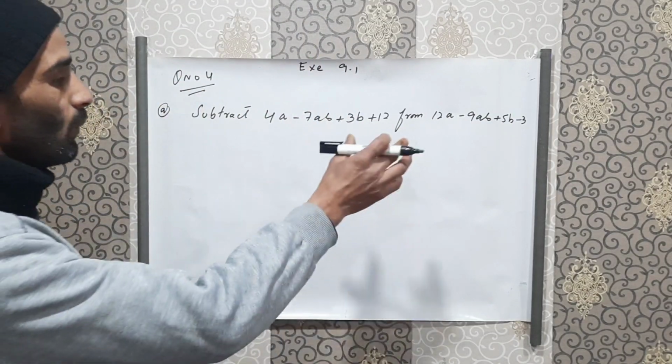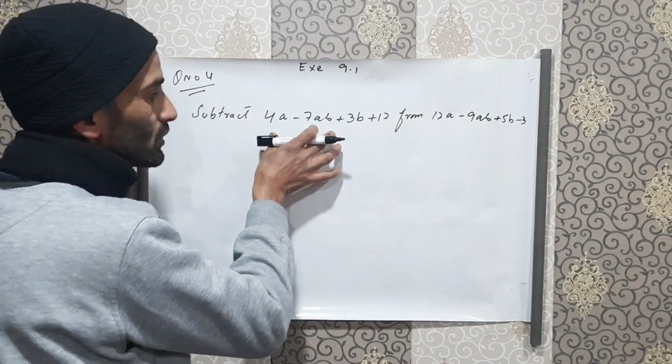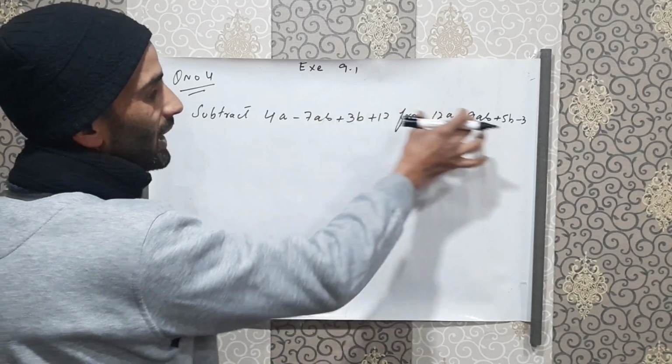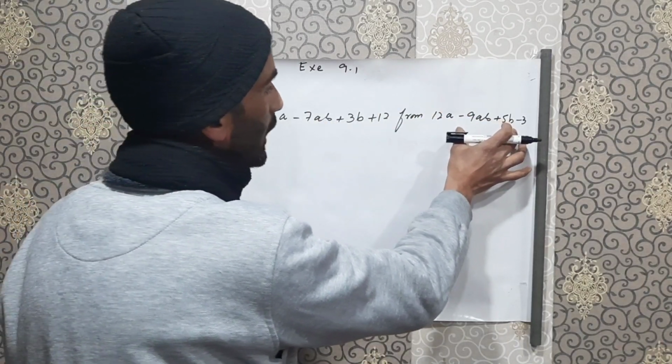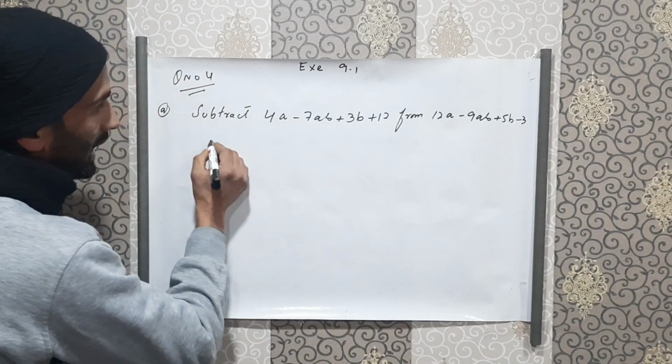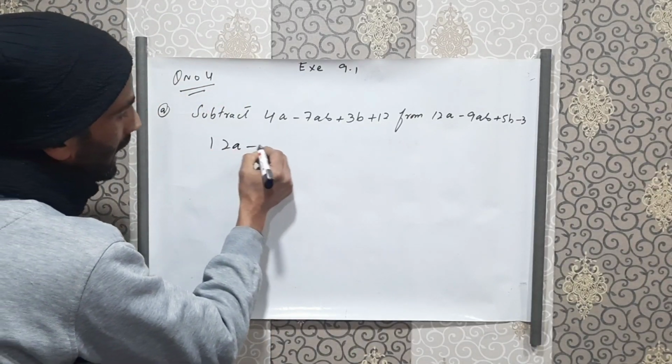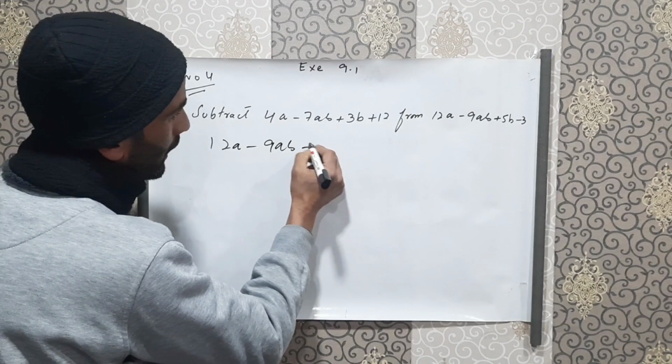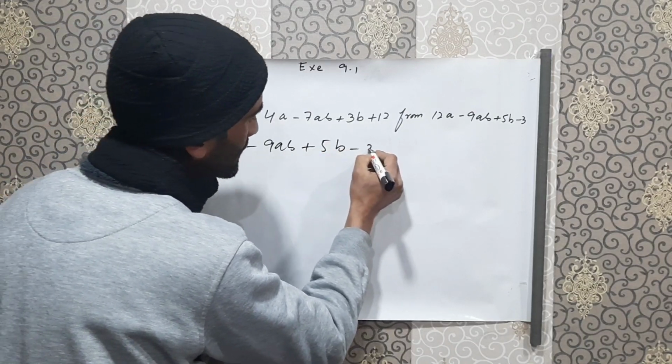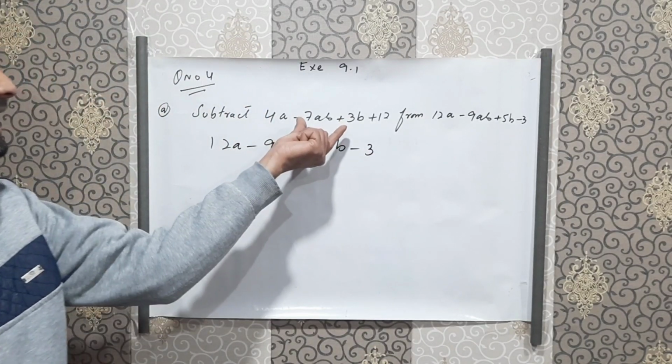Now what are we going to write? This expression we have to subtract from this expression. So we are going to write first 12A minus 9AB plus 5B minus 3. Now we have to subtract this one.